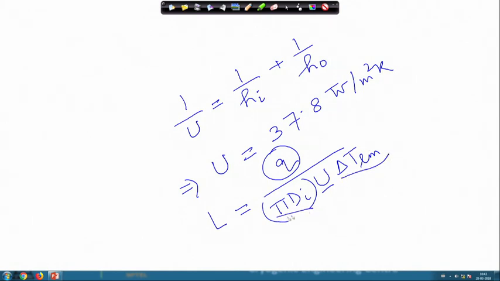This parameter is also known. So, we can find out this length to be 66.5 meter.